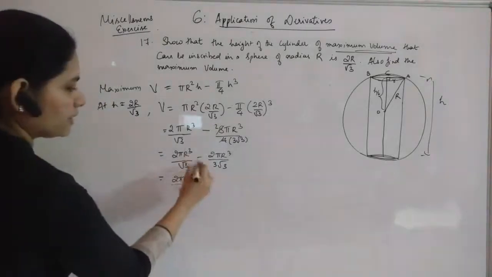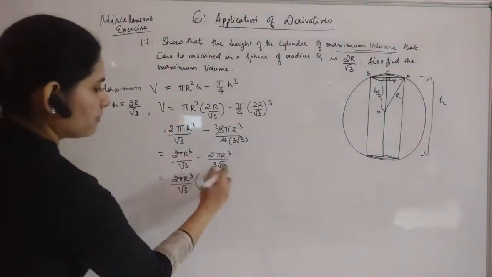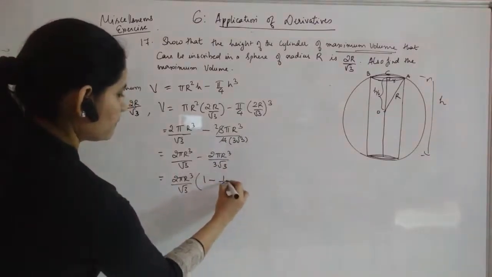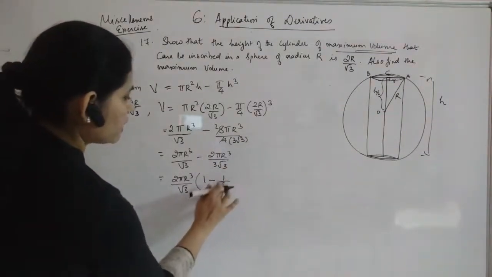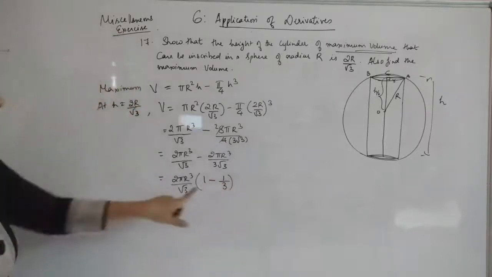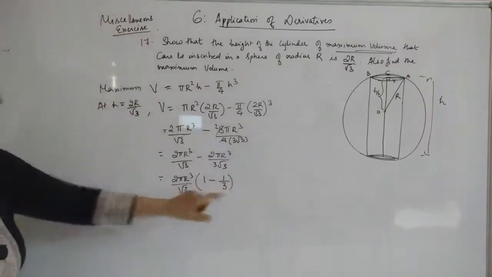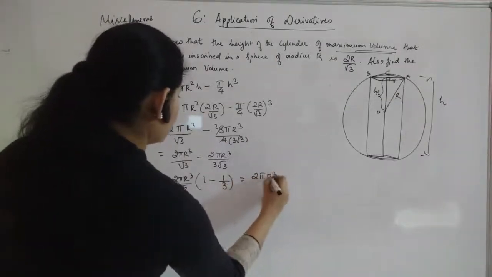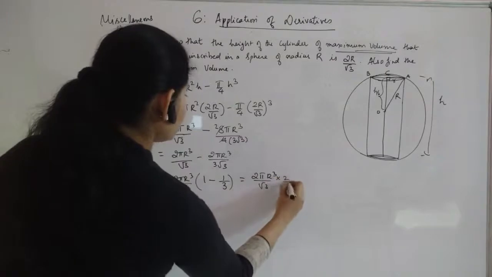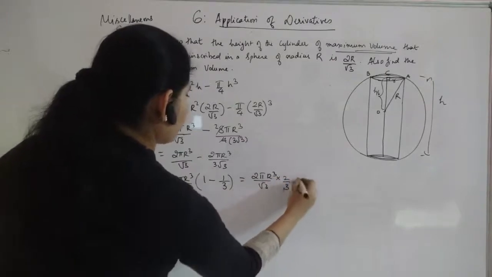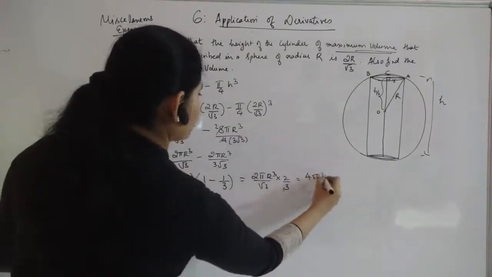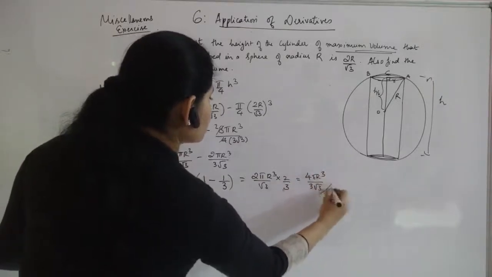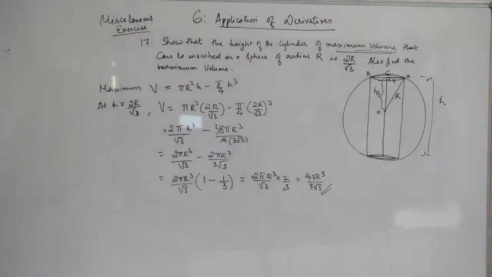The remaining is 1 minus 1 by 3, with root 3 taken out, which gives you 2 by 3. So 2 into 2 by 3, that is 4 pi r cube by 3 root 3. This is the maximum volume, 4 pi r cube by 3 root 3.